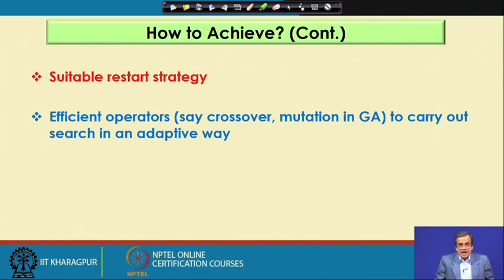Now, supposing that I am running a genetic algorithm for say 1000 generations to solve a very complicated optimization problem. Supposing that after say 20 generations or 15 generations, I am not getting any significant improvement in the values of this optimal solution.